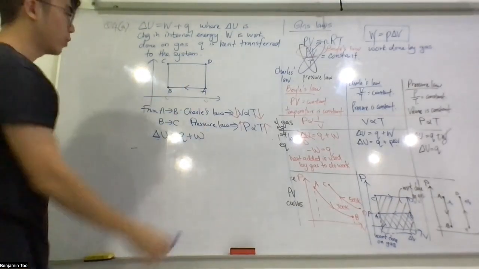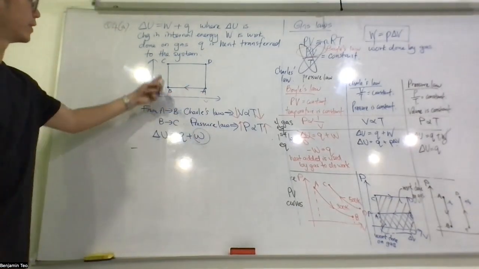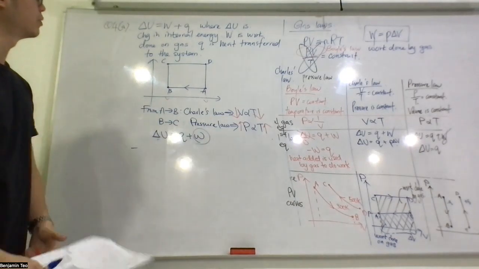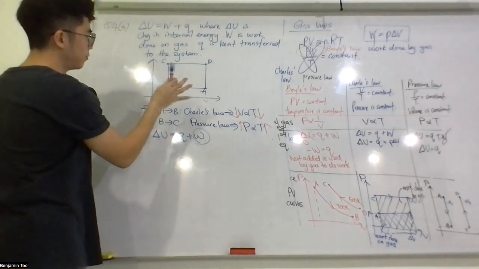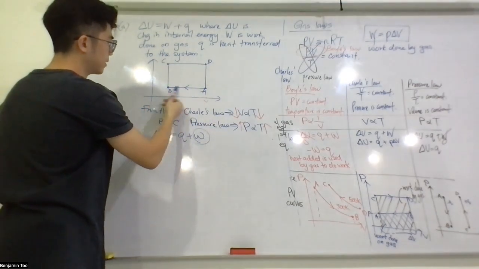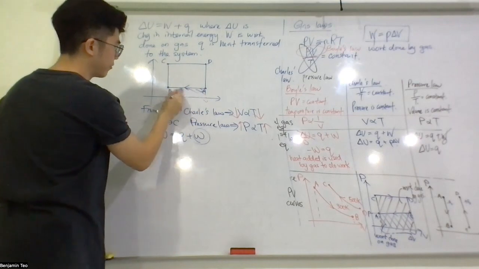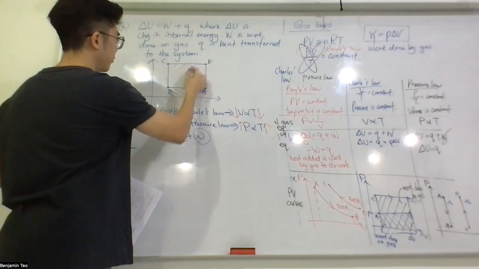Okay, we go one by one. What can you say about the W? If you look at the whole cycle, A, B, C, what can you say about the W? Is there W here, BC? No. AD, no. Is there W here? Yes. And the W here is area under graph, right? It's smaller than the W for the CD.